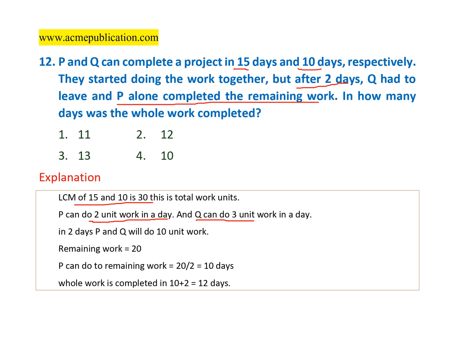According to the question, they work together for 2 days. In these 2 days they completed 10 work units. The remaining work is 20 units. Now P can do the remaining work in 10 days. So the whole work is completed in 12 days.